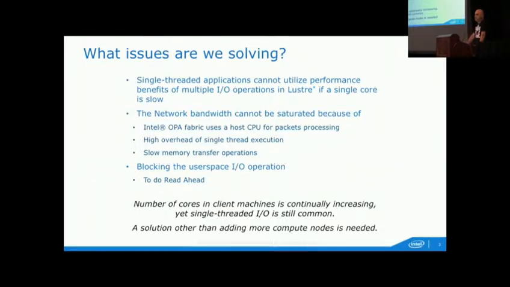For example, the Intel Omnipath fabric intensively uses the host CPU for packet processing, and this prevents using the network bandwidth at full speed, so it cannot saturate the full network. Also, memory transfer operations on these systems are pretty slow, which also significantly affects performance.